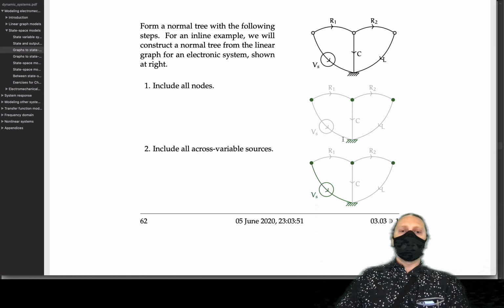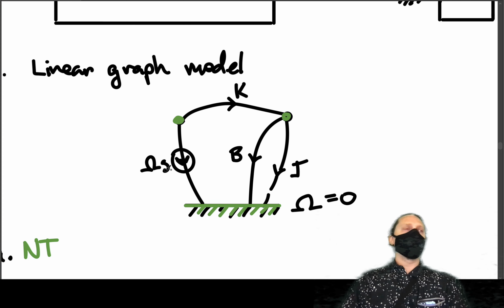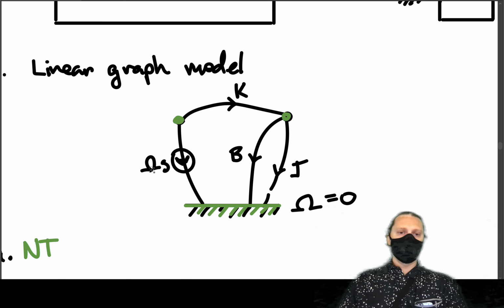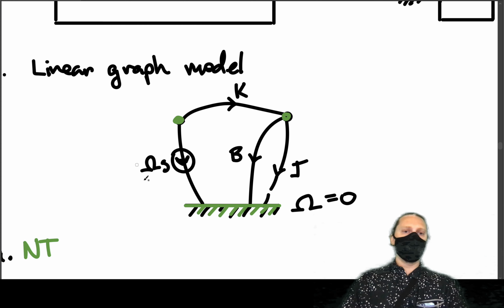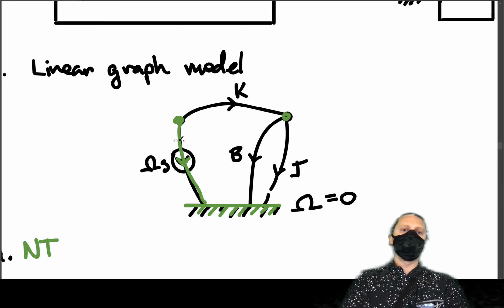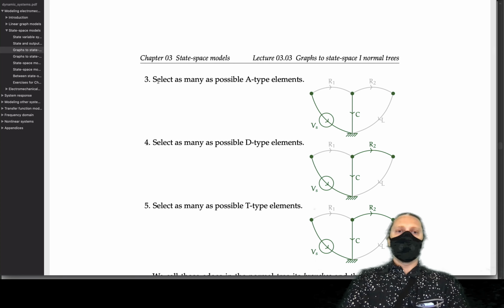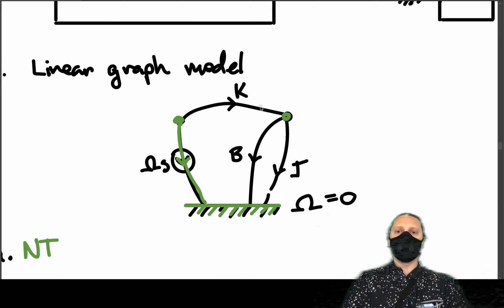Then we include all across variable sources. The across variable in the rotational mechanical energy domain is the angular velocity, so the angular velocity source is included in the normal tree. That's the only one we've got, so nothing else. The next one is to select as many as possible A-type elements.